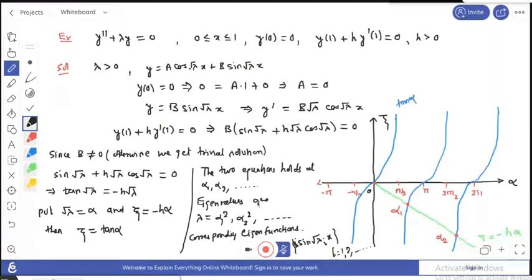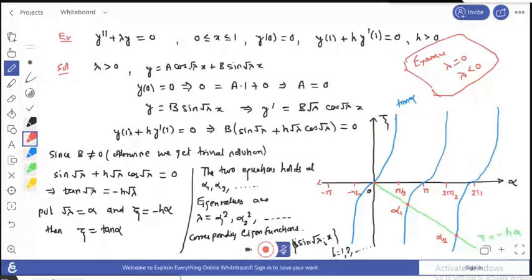Similarly, you can also examine what about alpha equals 0 and alpha less than 0. This part you can do yourself and try to find the non-trivial solution in both cases.